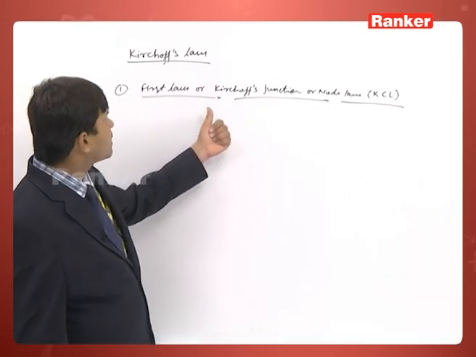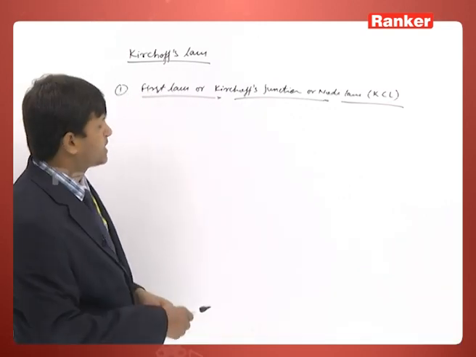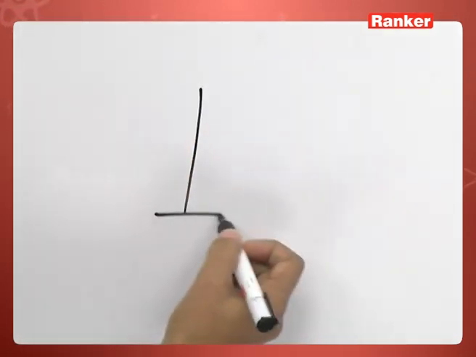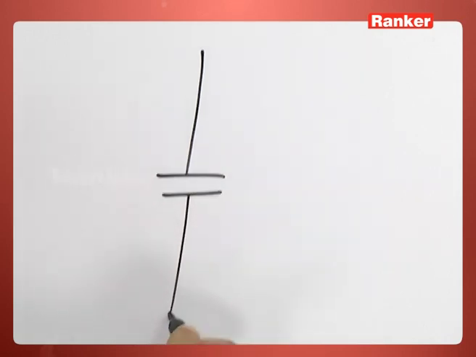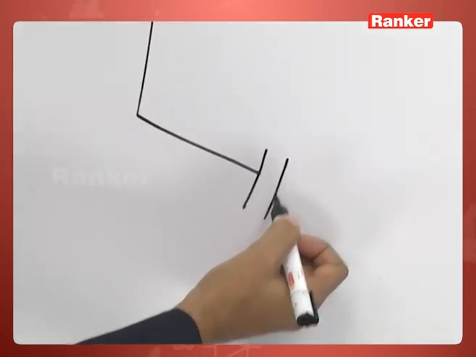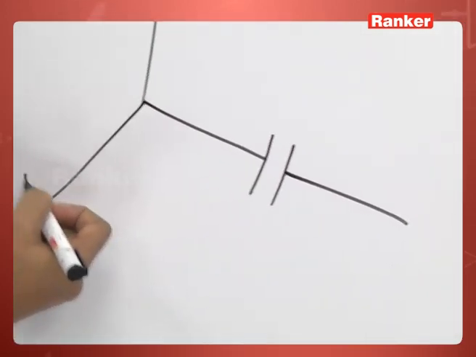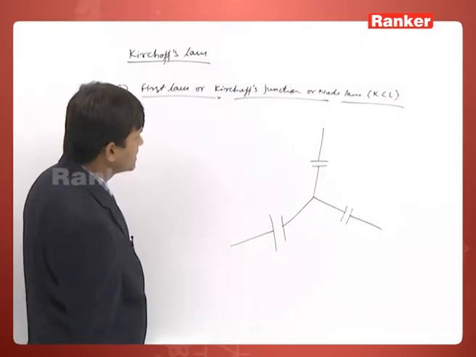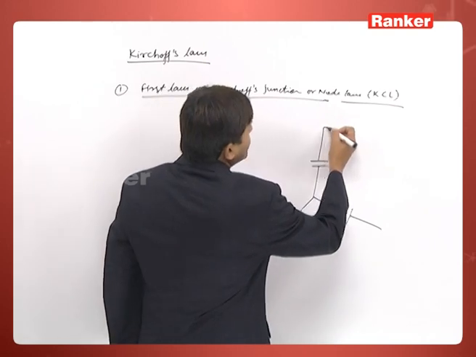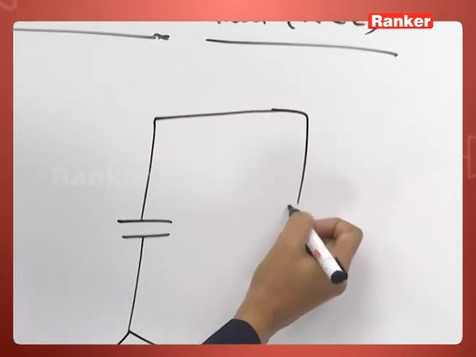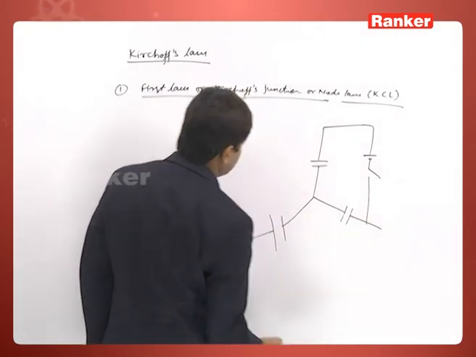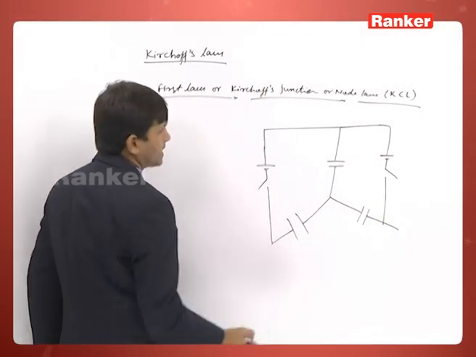But how can we use that law in the capacitor circuit? For example, let these be three capacitors, and these three capacitors are connected like this, and along with this let us connect certain batteries also like this.